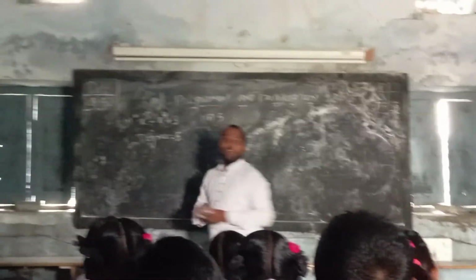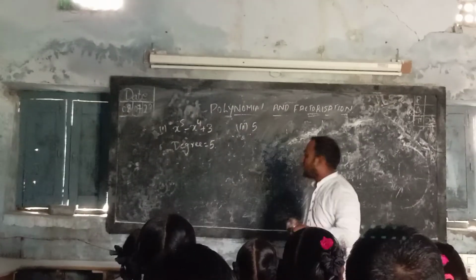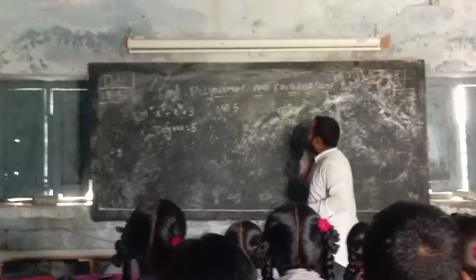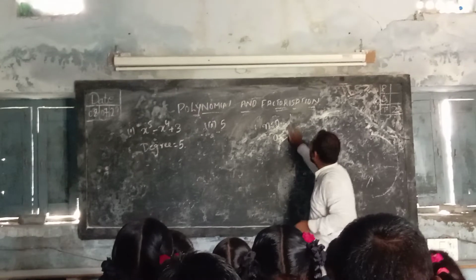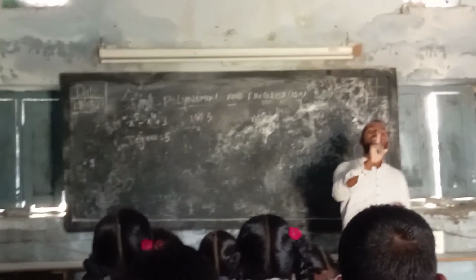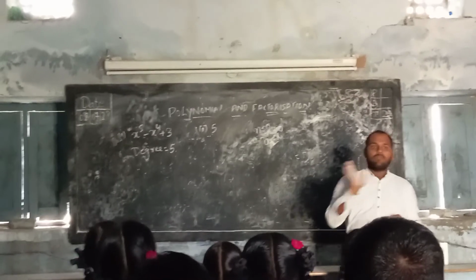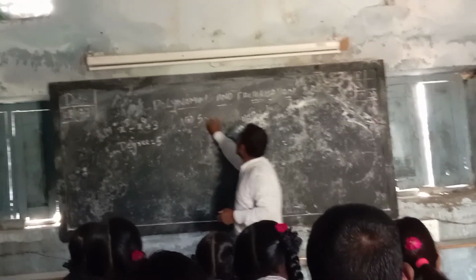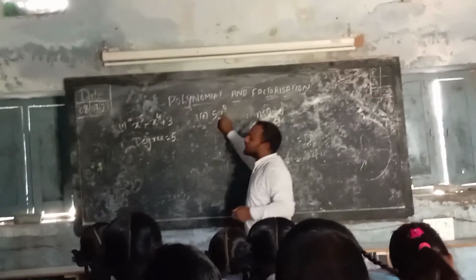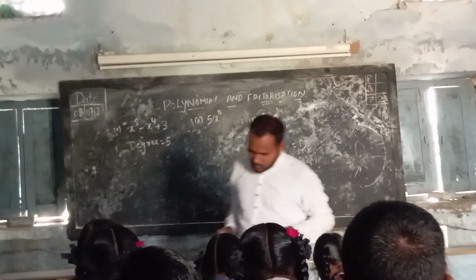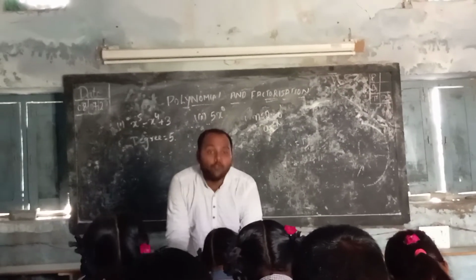Because when n is equal to 0, just now I said you will get the expression a naught into x to the power of 0. X to the power of 0 value is nothing but 1. But here, what we are talking about is degree. So 5 into x to the power of 0 means the degree of that polynomial is 0.